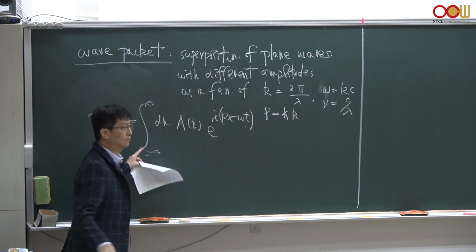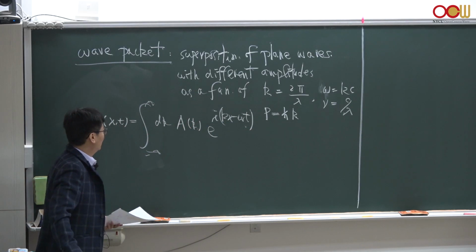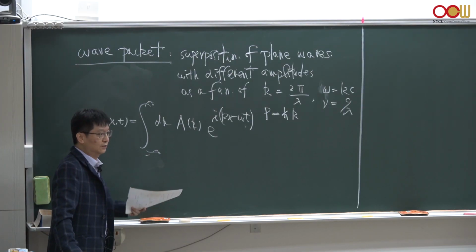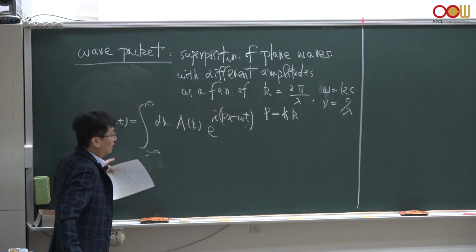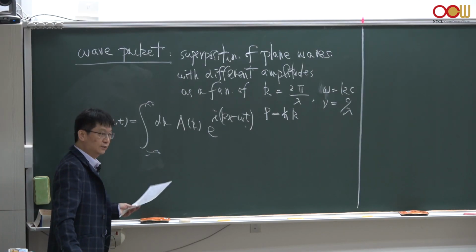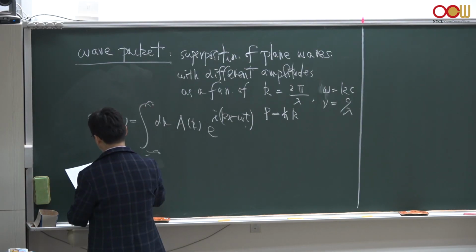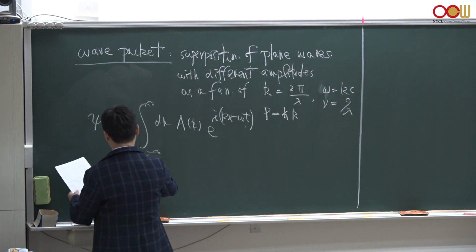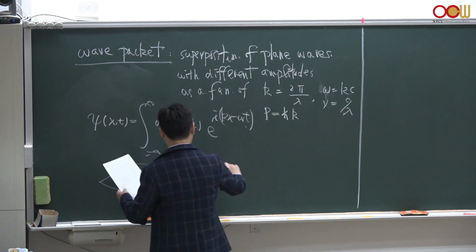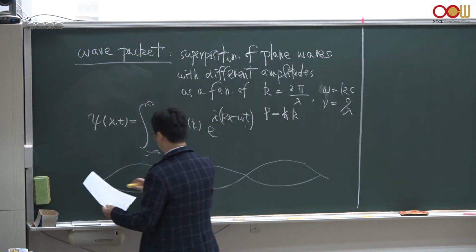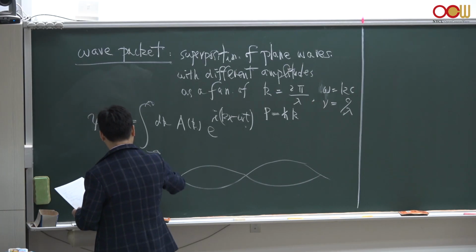This looks very much like what you study in classical mechanics when you superimpose many waves, water waves and so on, with different amplitudes, and you'll find beats. The simplest example of this wave packet is the beat that you are familiar with in classical wave mechanics.